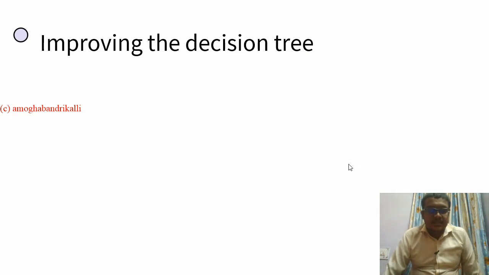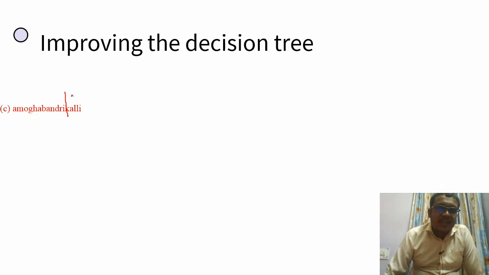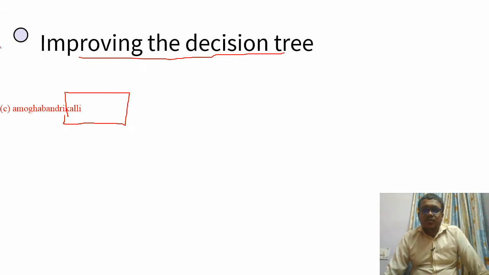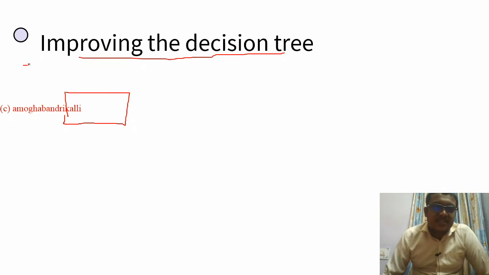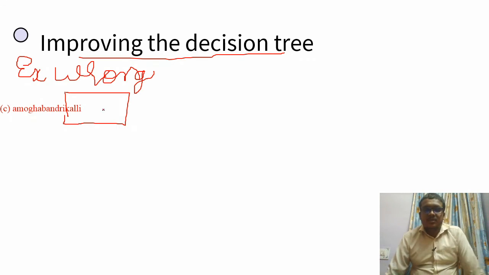Let us improve the decisions. We will have two scenarios here, showing how the decision tree is going to be improved. I am taking an example where exactly the decision tree goes wrong and how to overcome it.